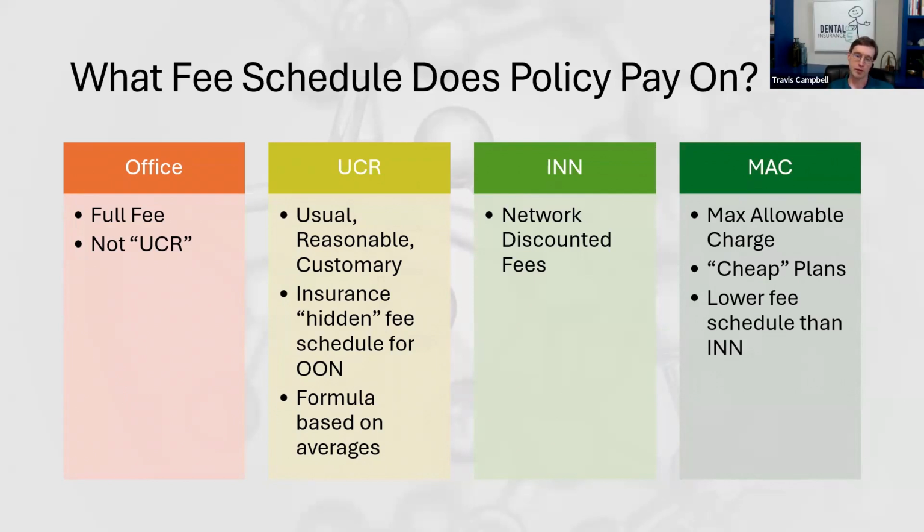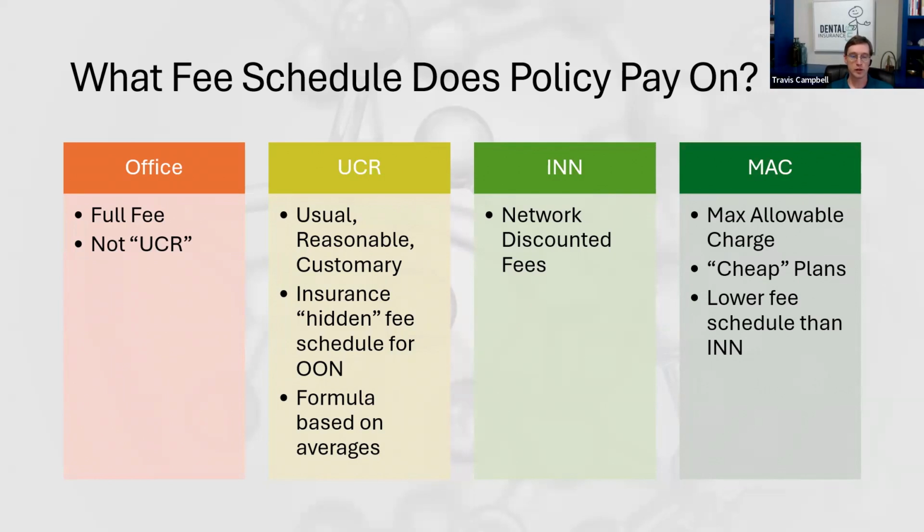So they'll take the average fee that dentists are charging and then reduce it by some formula, and that usually becomes their UCR. Now, the reason it's super important to know is that if you're sending less than full fee on claims, you're ruining that average. And while there are a lot of insurances that manipulate UCR a lot, their reasoning always comes back down to the averages.